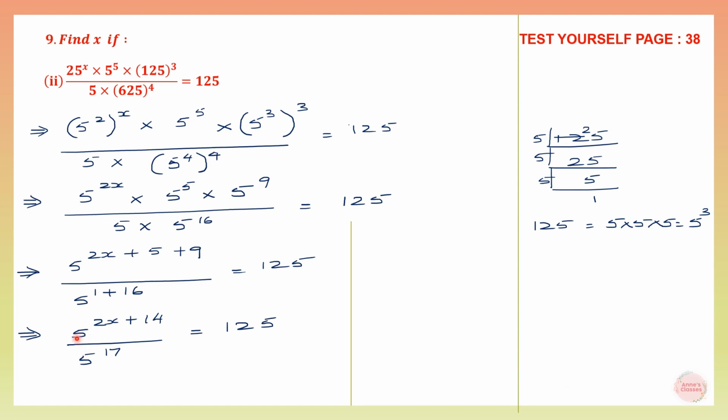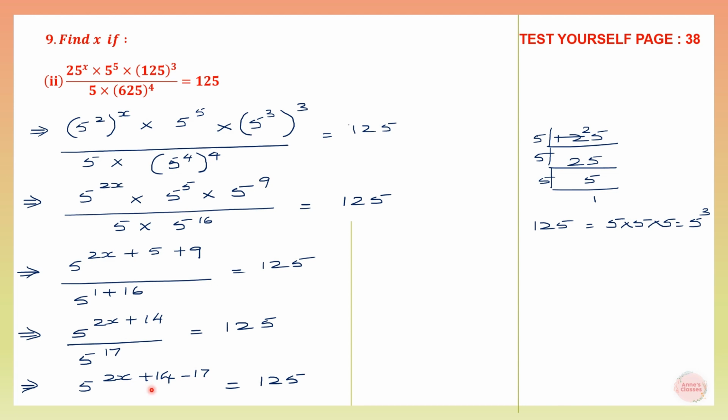Now here the base is the same. That means you can subtract the powers, isn't it? So here what will this be? This will be 5 raised to the power of 2x plus 14 minus 17, which is 125. Now let's simplify this. 2x will remain the same. We can do plus 14 minus 17. Signs are different, so put the sign of the bigger number and subtract.